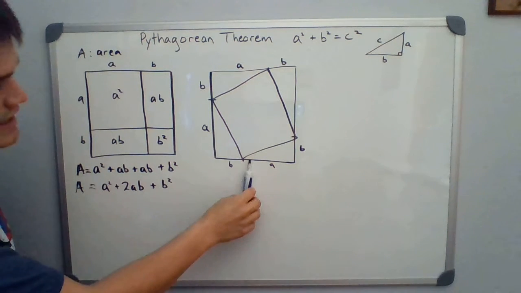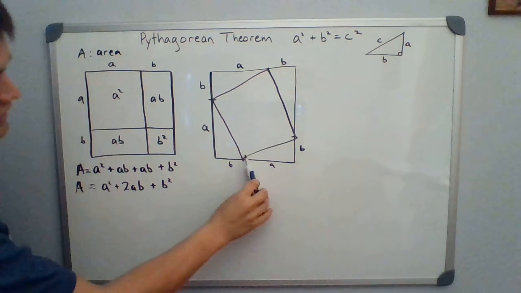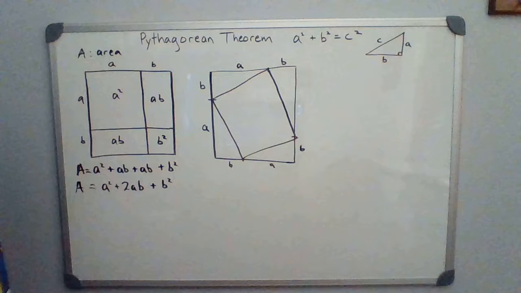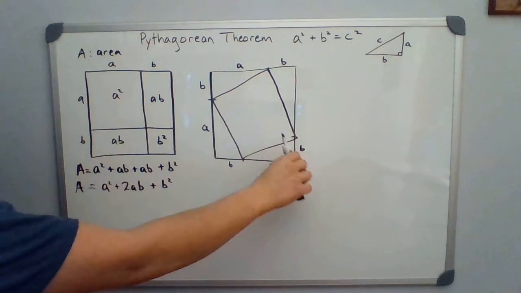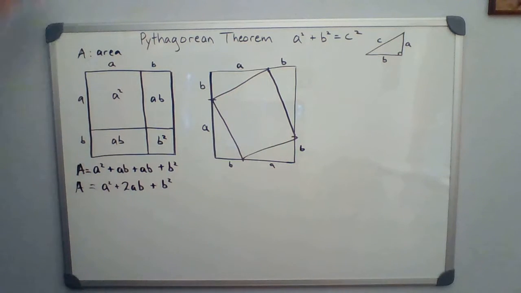So if A plus B is 90 degrees and a line is also 180 degrees, then this would be a right angle there. In that way you can prove that this is a square on the inside. That's important for a more rigorous proof of the Pythagorean theorem, but I'm just showing it really quickly. I'm not going to go through a geometric proof of all the steps.